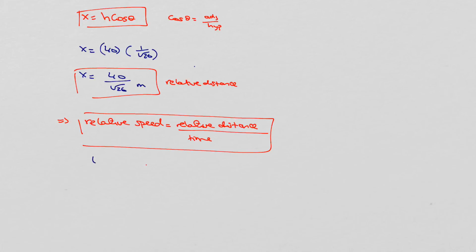So the time will be equal to the relative distance, which is 40 over root 26, divided by the relative speed, I should say, not time taken, so that's 2 root 26. So therefore the time is 20 divided by 26 there, which is 0.769 seconds. So that's the time it takes until they are nearest.